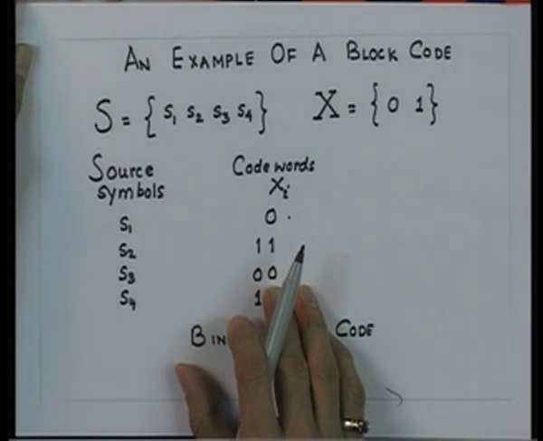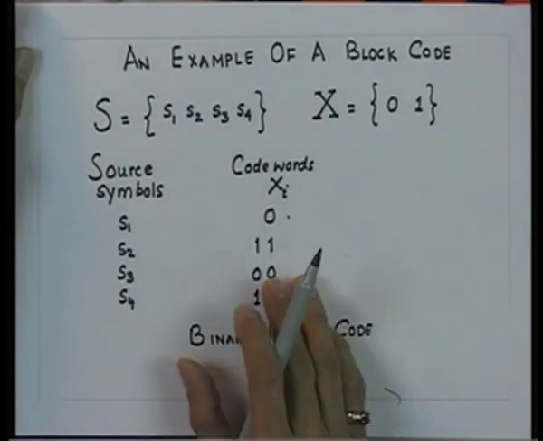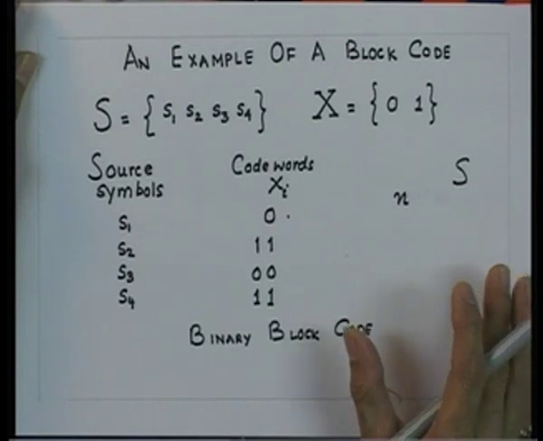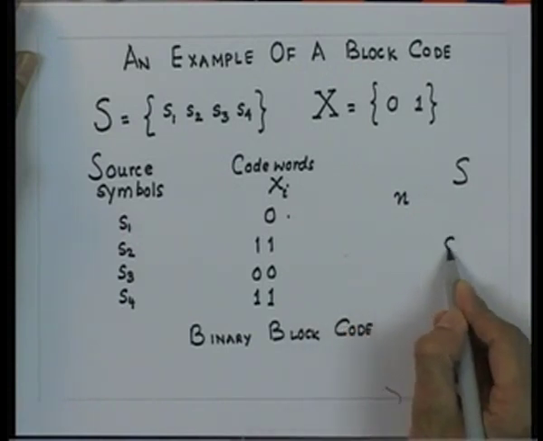Note, however, that if a code maps all sequences of source symbols of length n, that is small n, into a fixed sequences of code symbols, then the code maps each and every symbol from the nth extension of the original source S into a fixed sequence of code symbols with code alphabet.